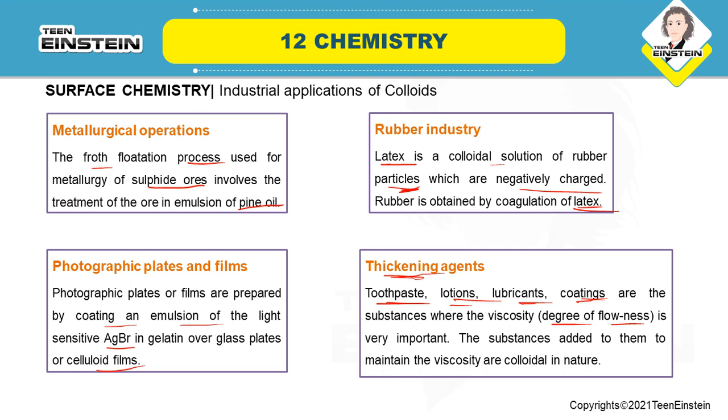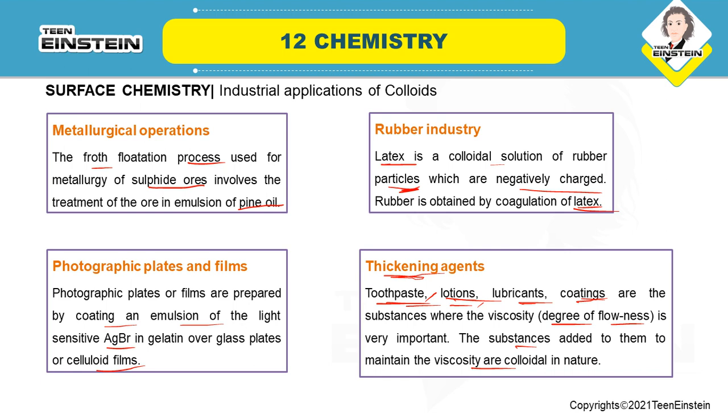That depends on what type of thickening agent we are using. All these substances contain some component which is added to maintain the viscosity. These substances are added to control the viscosity, because in some cases it is required that viscosity should be very low, that is, the degree of flowness will be very high.